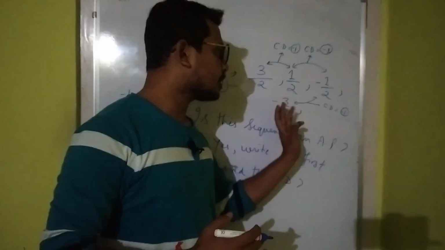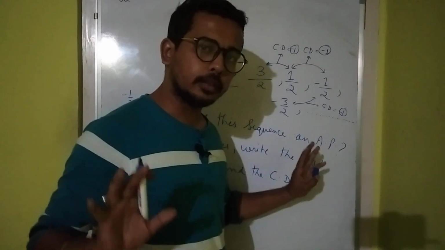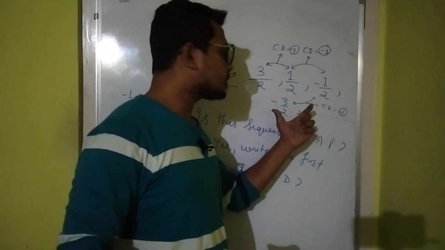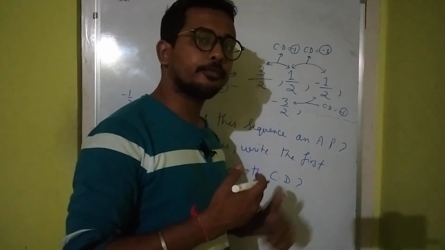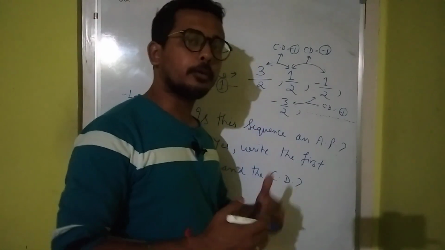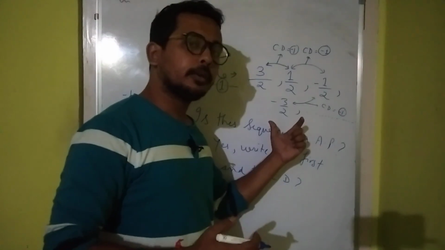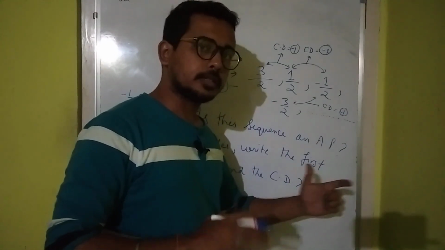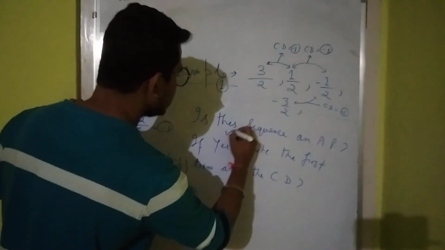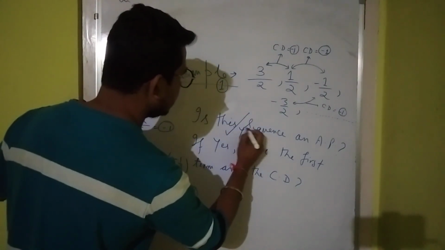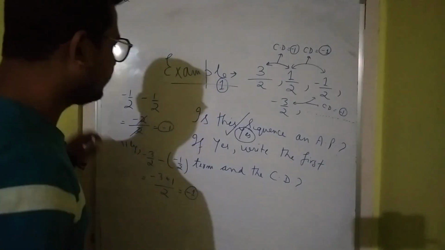इसका मतलब क्या है? ज़्यादा टर्म्स चेक करने की ज़रूरत नहीं है. Just find the first, second and third common difference. If they are fixed and if they are constant, तो इसका मतलब है कि it's an AP. Simple. Okay, so it means that this is an AP. Yes, this is an AP.